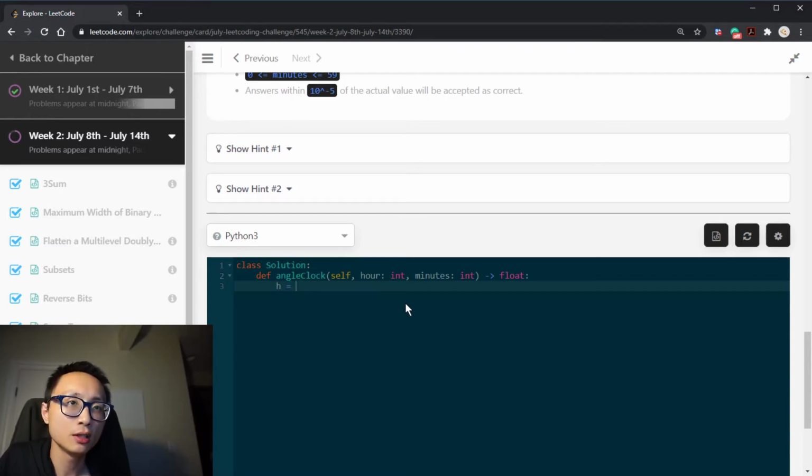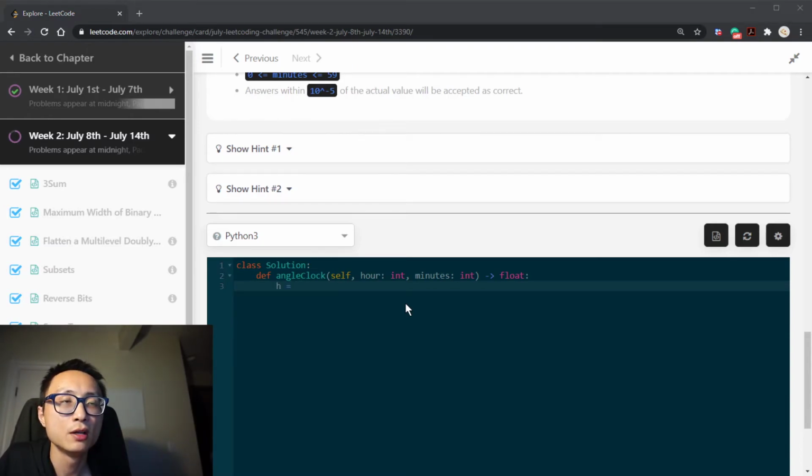So let's talk about how we calculate the degree angle. The degree angle between the 12 o'clock direction clockwise to the hour hand depends on how fast the hour hand moves. We know that there are 12 hours to form a full cycle, so every hour is 360 divided by 12. That's 30 degrees.